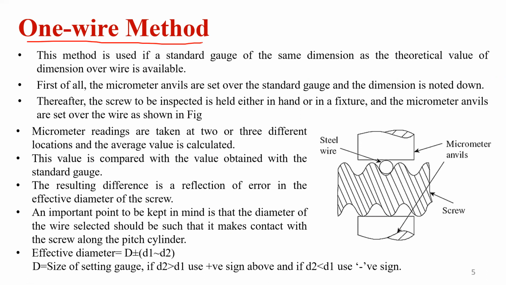This one wire method is used if a standard gauge of the same dimension as the theoretical value of the dimension over the wire is available. First of all, we will set the standard gauge. On the standard gauge, we will take the micrometer readings.